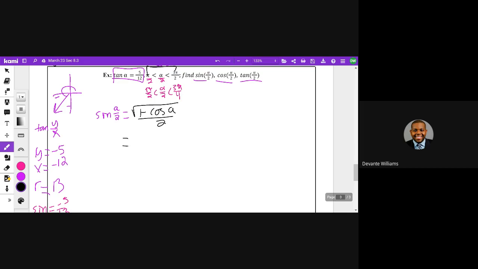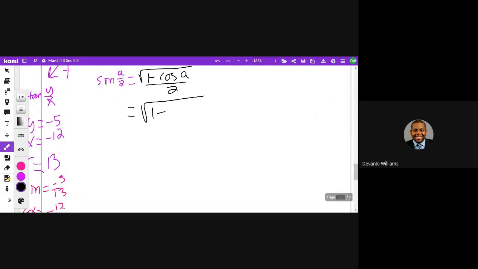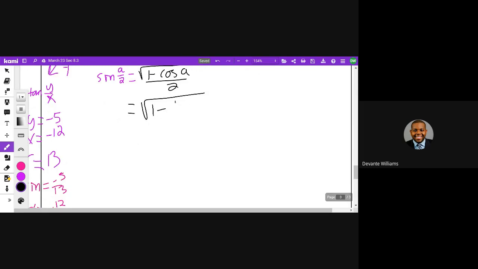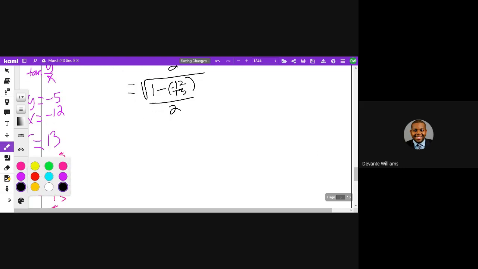Equal to the square root of 1 minus the cosine of A, which we already found, it'll be minus negative 12 over 13, all over 2. All right, this becomes a plus. When you subtract a negative, it becomes a plus.